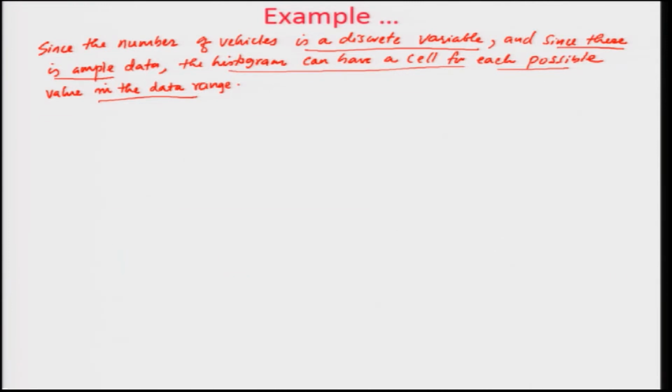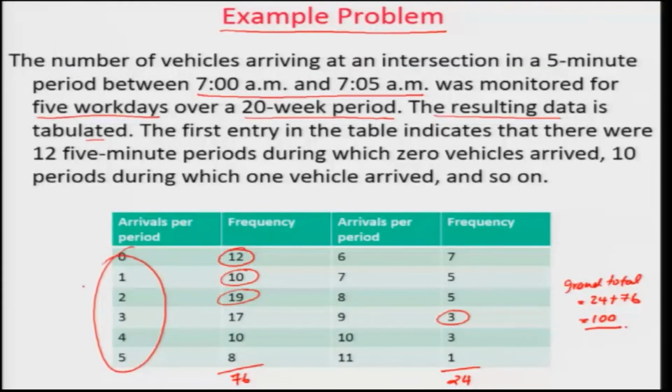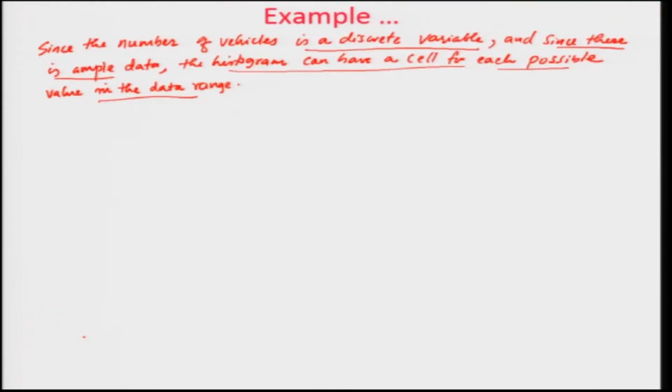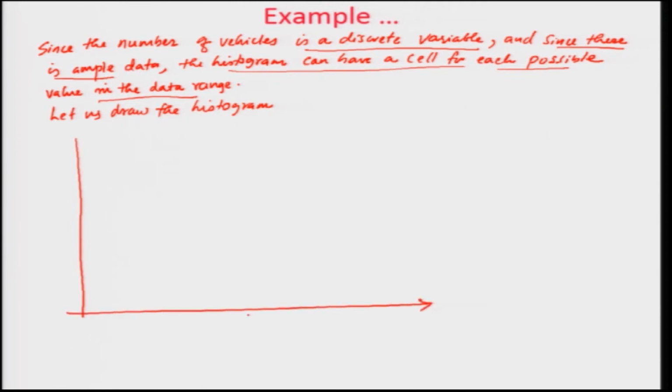What are the values in the data range? The values in the data range are these. Okay. So, if we do that, let us draw the histogram. Let us take it as f_i, the frequency, and x, the number of vehicles.